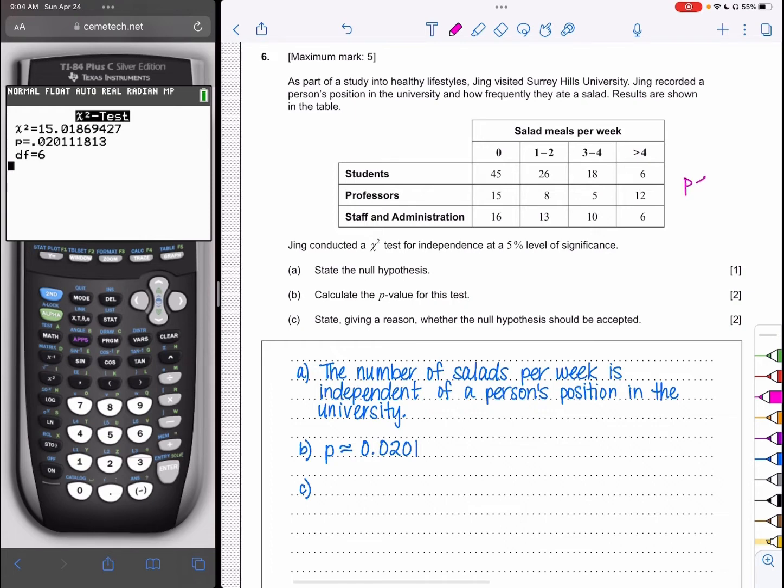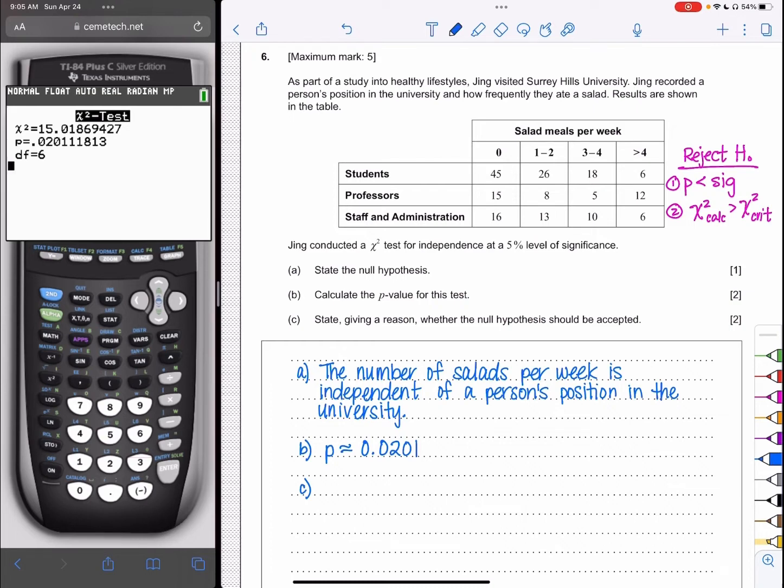So we're going to have p is less than significance level, and we're going to have reject the null hypothesis. And we also know that you need to reject the null hypothesis if your chi-square calculation is greater than your chi-square critical.